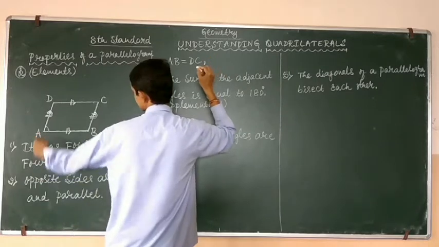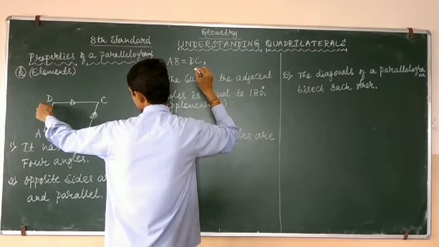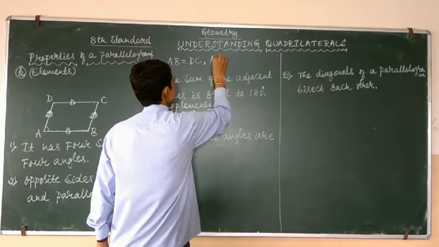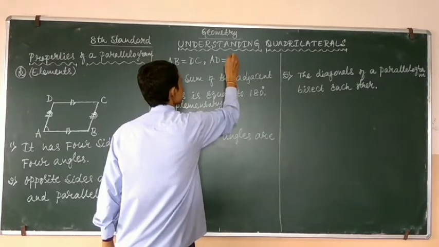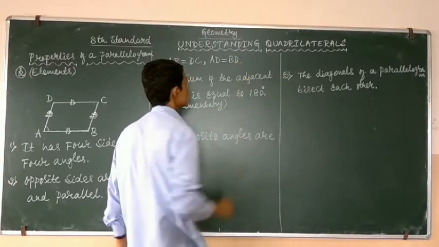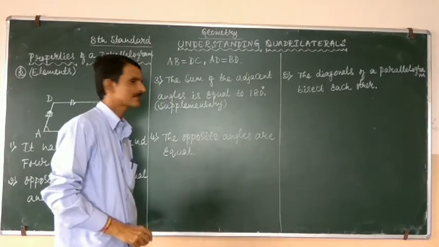Another pair is AD equal to BC, by the definition of the parallelogram.